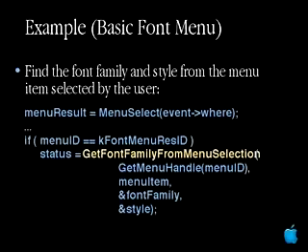Now this is what's more interesting. Given one of these hierarchical menus, which is different from the old AppendResMenu style where you can simply take the item text and use the QuickDraw routine GetFNum to map it back to an ID that you could pass to the QuickDraw graphics system, we instead provide this function, GetFontFamilyFromMenuSelection, that takes the menu handle and the item that was selected and maps it back to a reference and a standard QuickDraw style that you can then use with QuickDraw. One benefit is that in the future, we could change the implementation so that the menu items are no longer a standard QuickDraw font name.